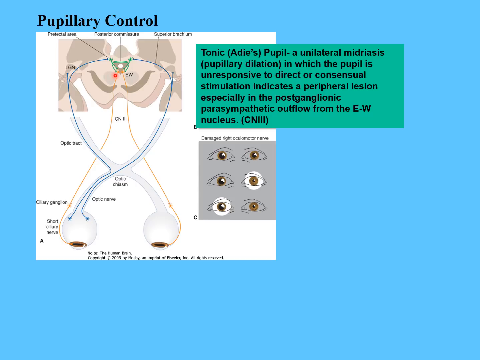So if we have damage to cranial nerve 3, this pupil will be permanently dilated and will not respond to light. Even though light in the optic nerve may come in from either side and activate these structures, if cranial nerve 3 is damaged, the output will not occur, and the pupil will stay open.